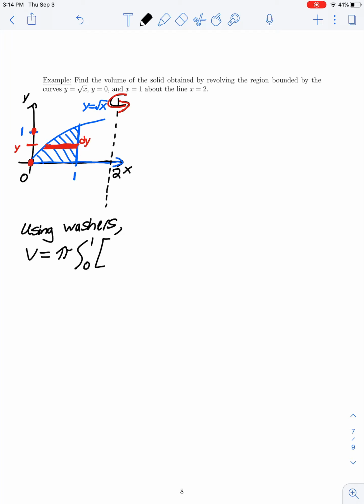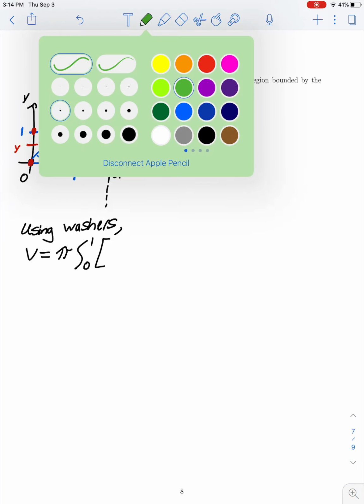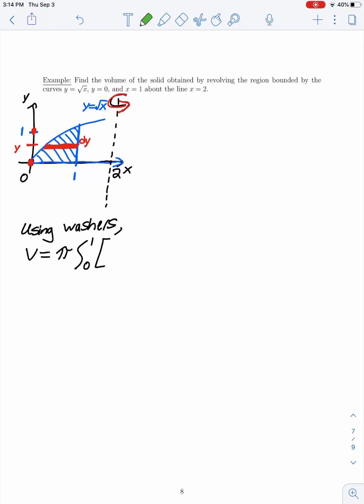And the function that I want to integrate is the outer radius of my washer squared minus the inner radius of that washer squared. So let's think about the outer radius. The outer radius is going to be the distance from the center of my washer, which is at the axis of revolution, out to the outer edge of my region, defined by this curve, y equals the square root of x.